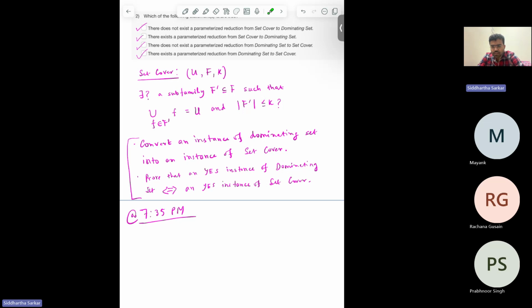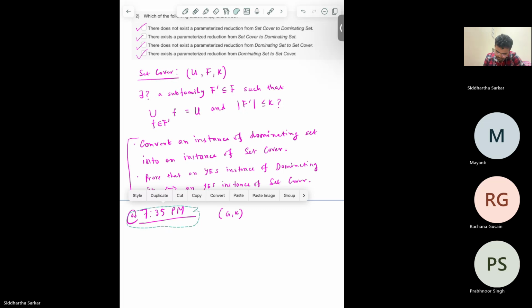So what is an instance of dominating set? It's a graph G along with an integer parameter k. So you have G comma k, which is an instance of dominating set.